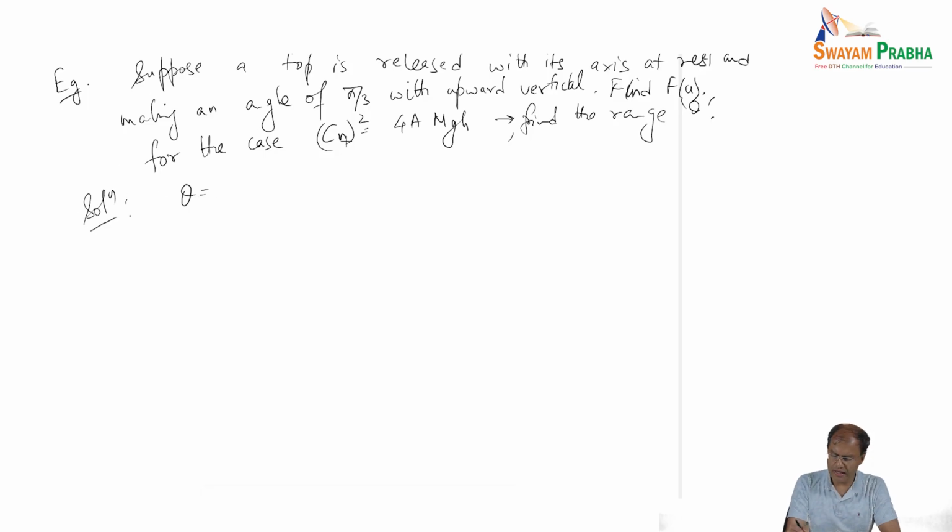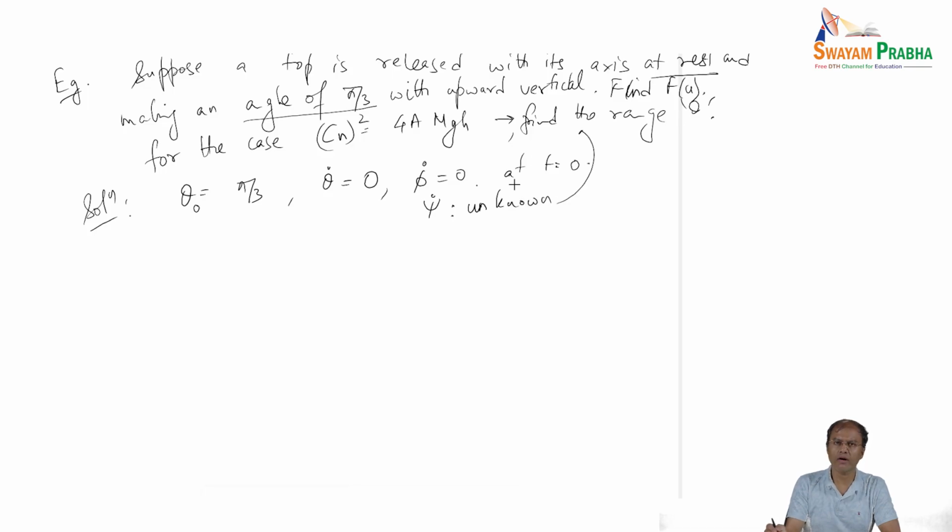So now let us see what information is given in this problem. It is given that the initial angle theta naught is pi by 3, and of course the top is released from rest, so the initial speed is 0, and phi dot is 0 at t equal to 0, right? And of course psi dot here is not known, so this is unknown in this problem. These details are not given.